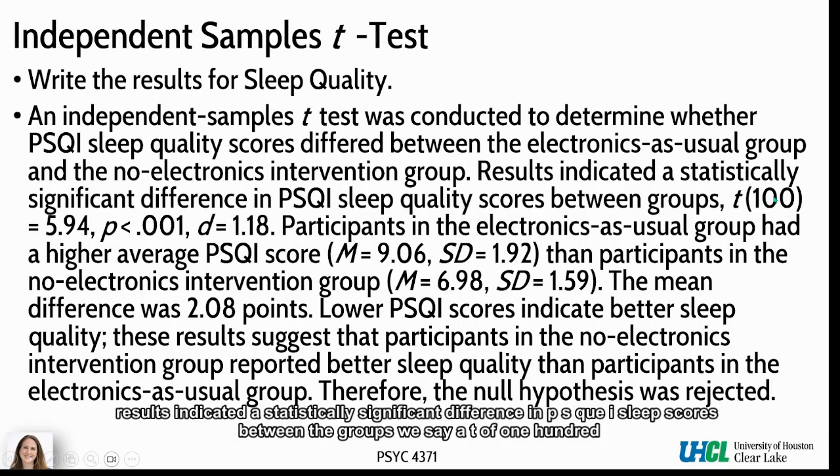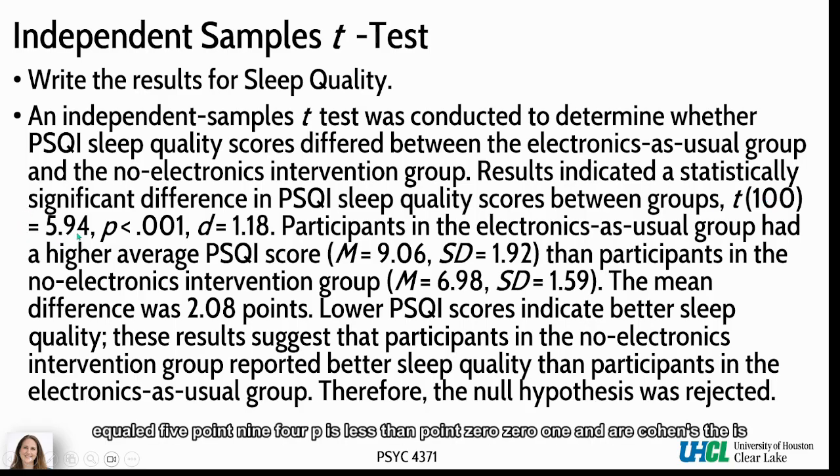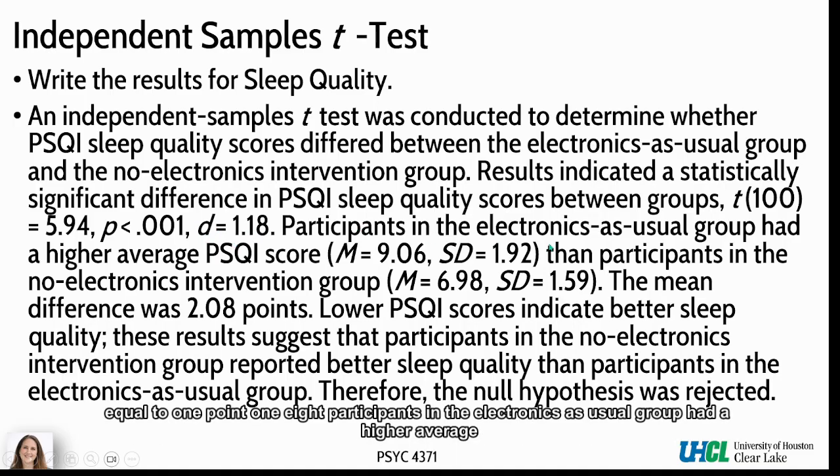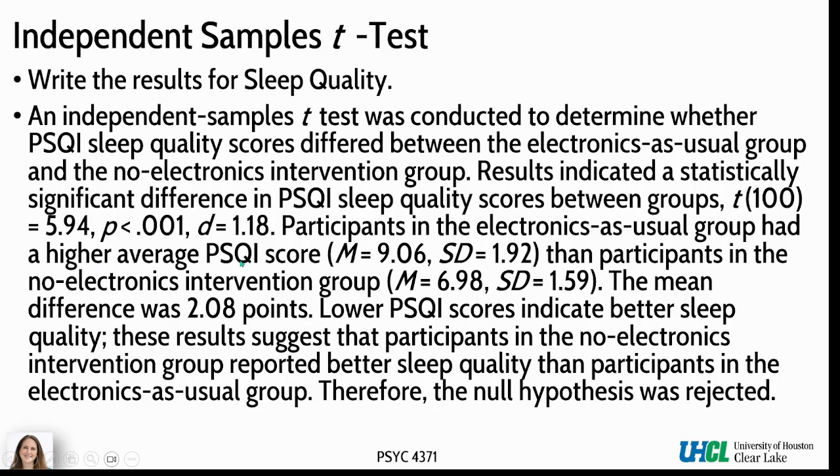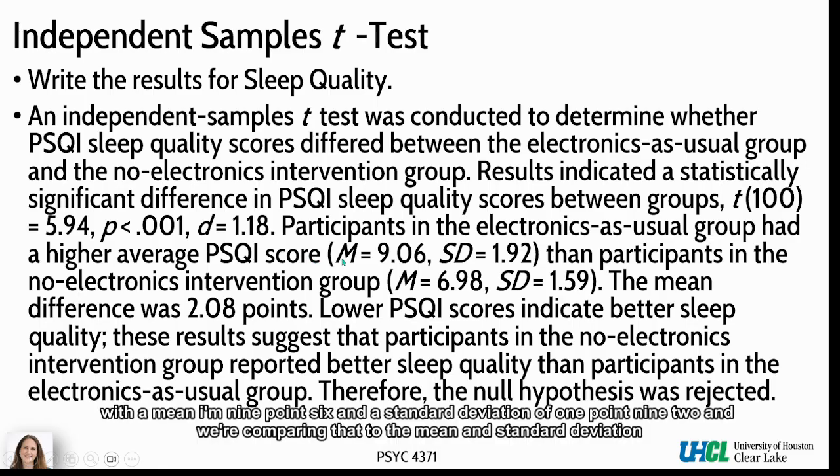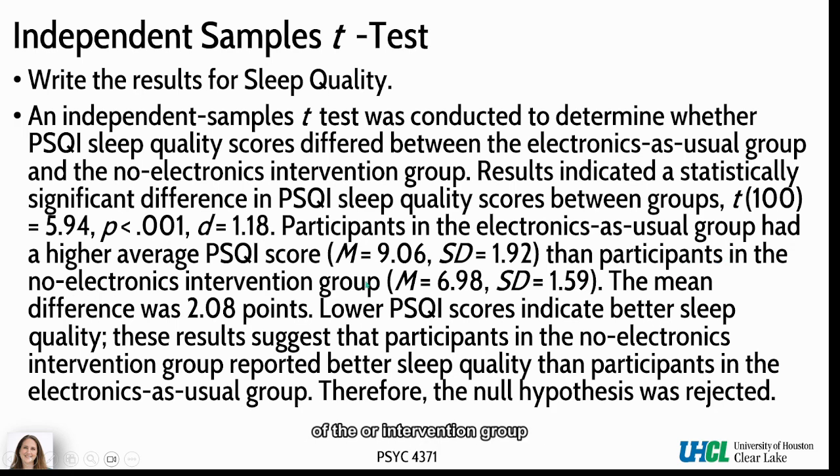We say a t of 100 equaled 5.94, p is less than 0.001, and our Cohen's d is equal to 1.18. Participants in the electronics as usual group had a higher average PSQI score. Remember I told you higher means worse sleep, with a mean of 9.06 and a standard deviation of 1.92, and we're comparing that to the mean and standard deviation of the intervention group. They had a score of 6.98 with a standard deviation of 1.59.